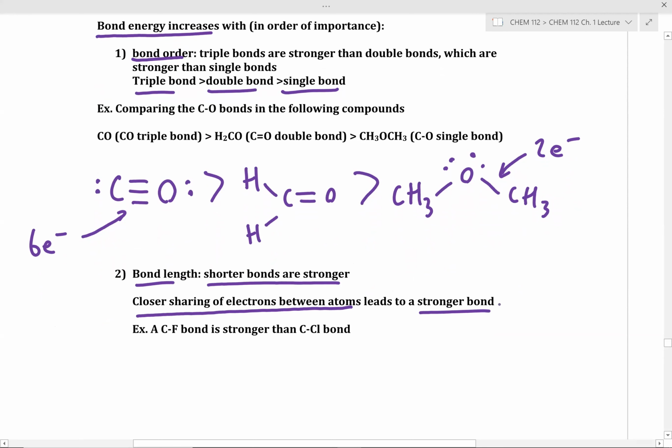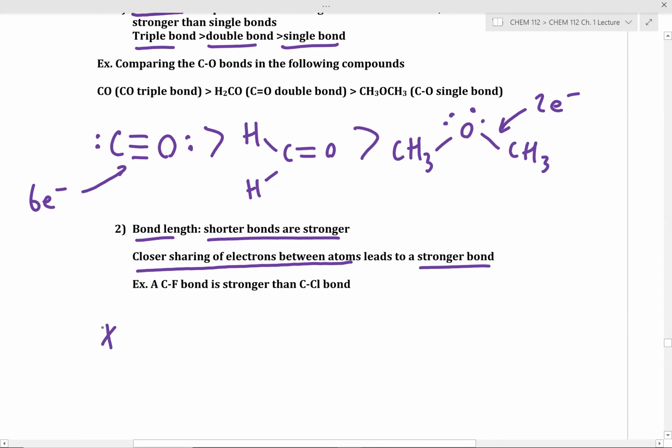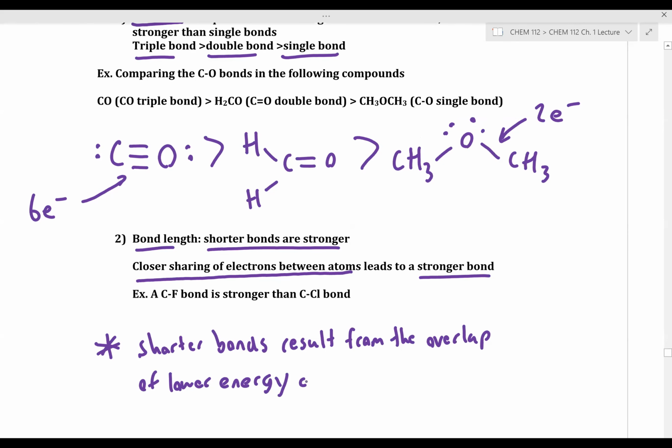Another interpretation that you can think about from this perspective is that shorter bonds result from the overlap of lower energy orbitals closer to the nucleus.